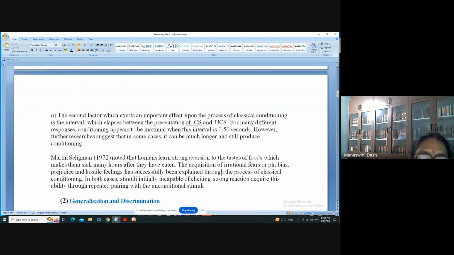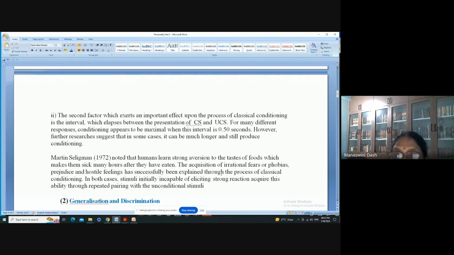The second factor influencing this conditioning is the interval which lapses between the presentation of CS and UCS. If UCS is given much later, CS bell rings and after 1 hour food is given.